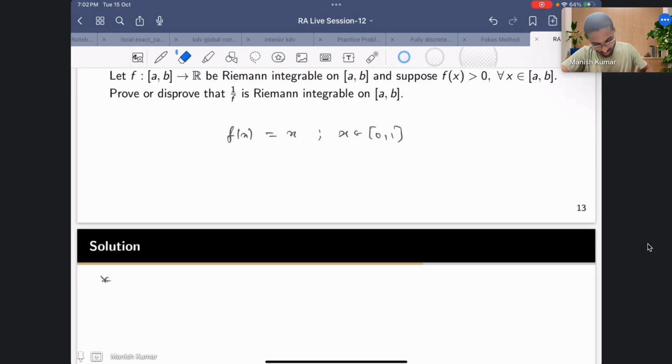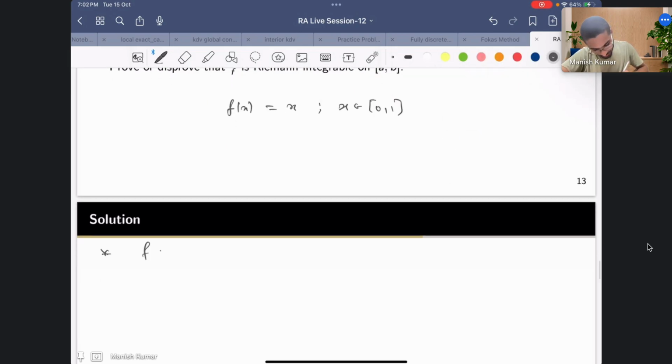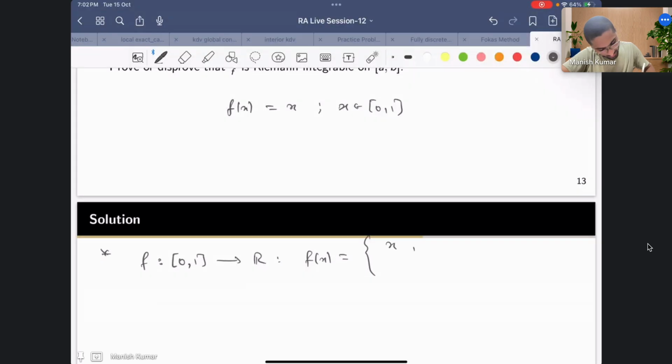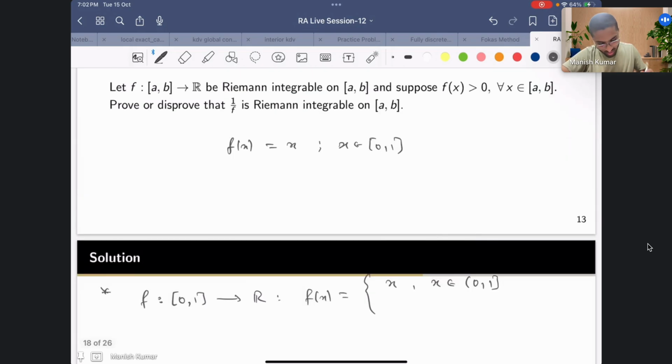So maybe what you can do is define it in this way. f from 0, 1 to R, you define f of x to be x when x belongs to (0, 1], and at 0 you define some other value, because you don't want continuity there, so you can define it as anything.